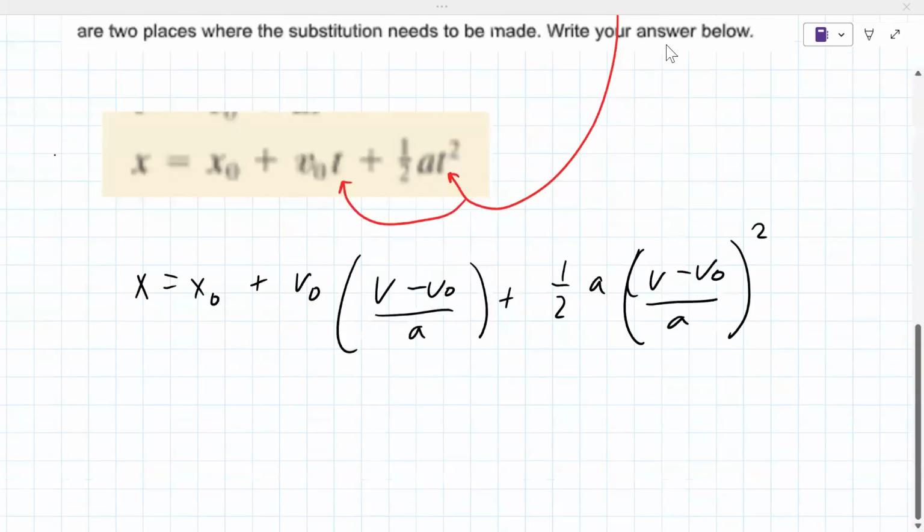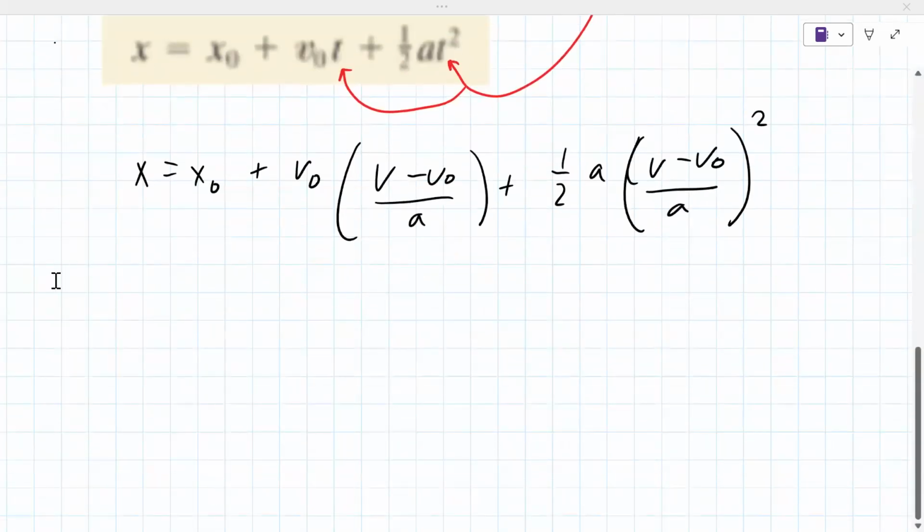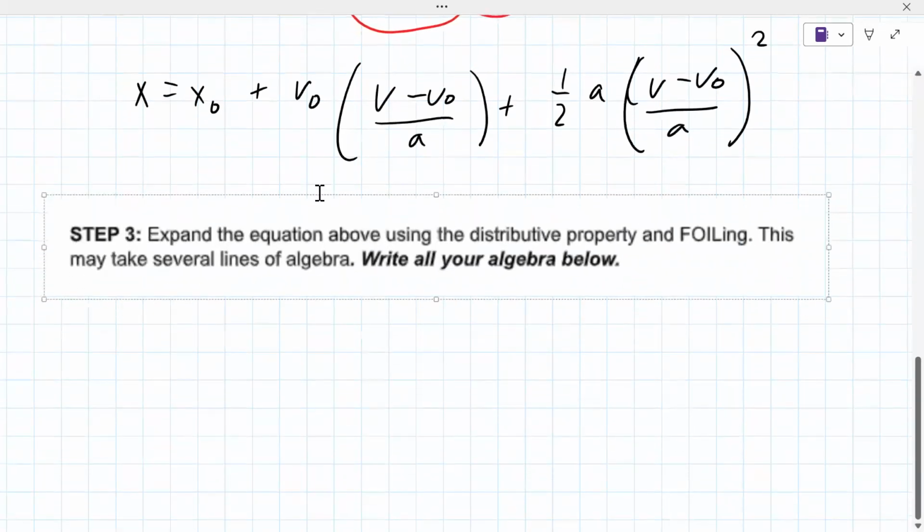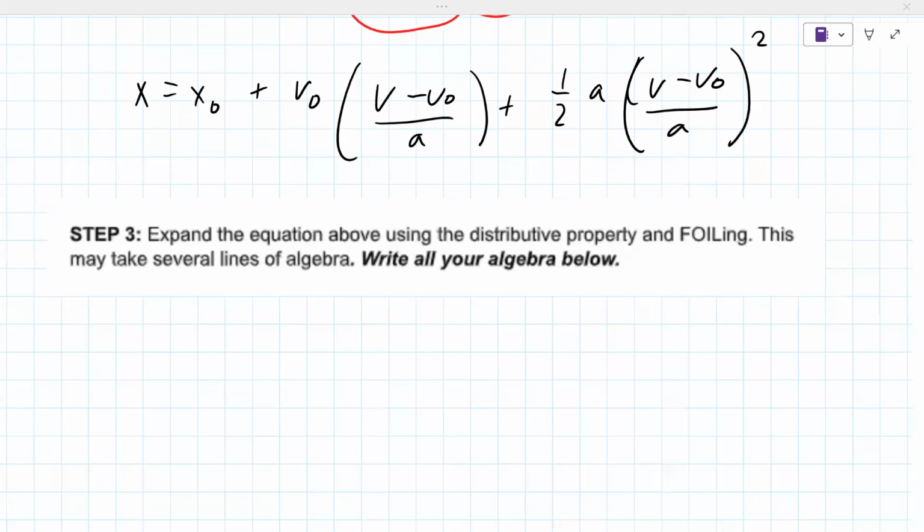So now we're up to step three, believe it or not. It says expand the equation above, meaning that you're supposed to distribute this v0 in, and then foil the thing on the right. So it'll require a little bit of a rewrite. Let me just see if there's a way that I can do this slightly better. Nope. All right.